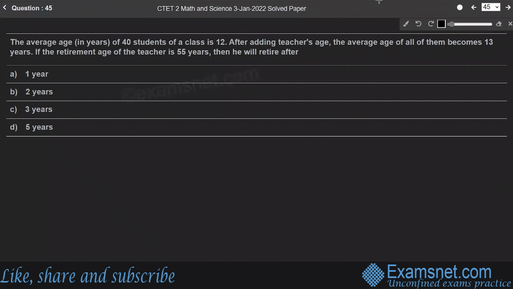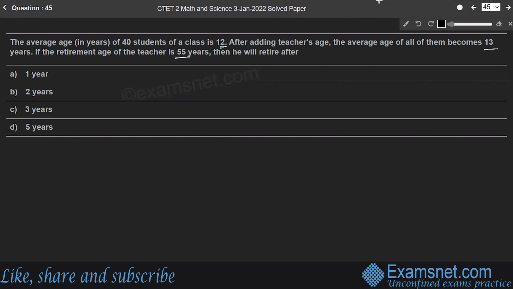Question number 45. The average age of 40 students of a class is 12 years. After adding the teacher's age, the average age of all of them becomes 13 years. If the retirement age of the teacher is 55 years, then he will retire after.